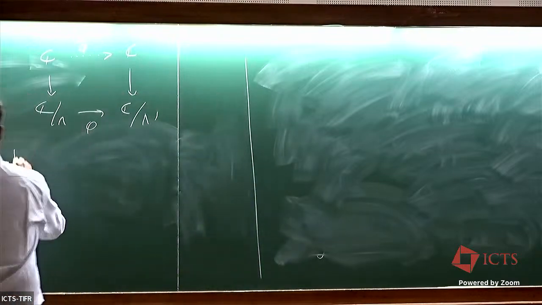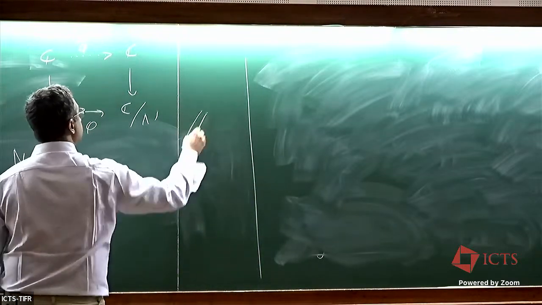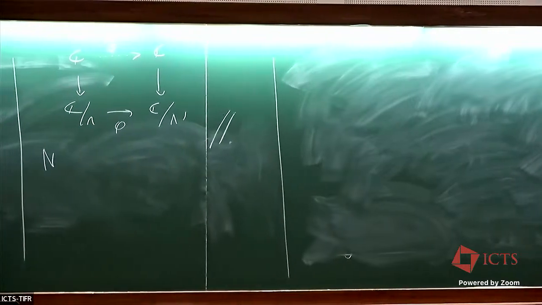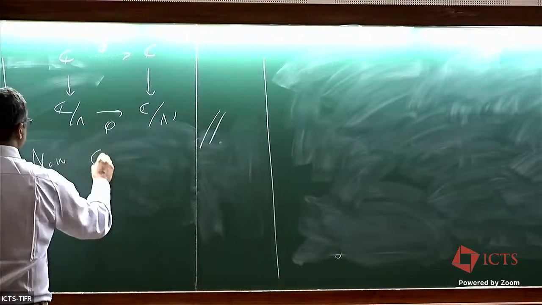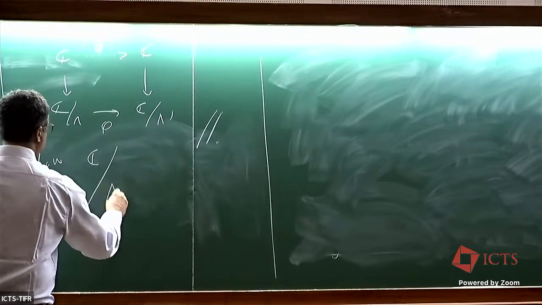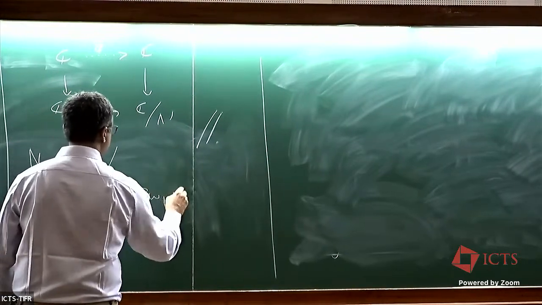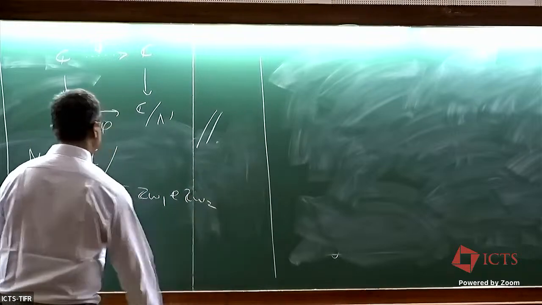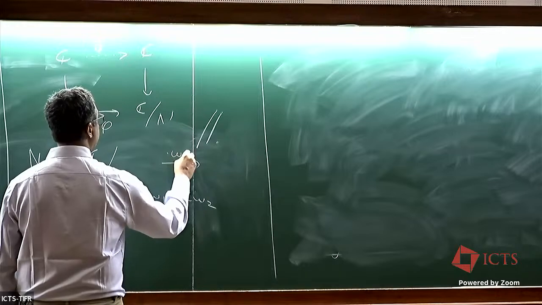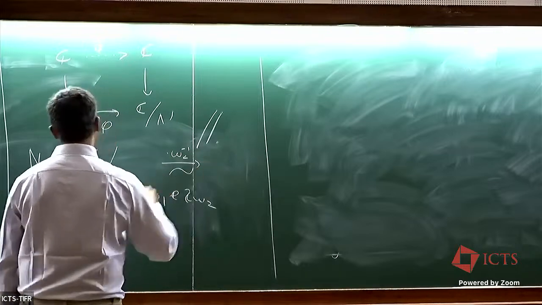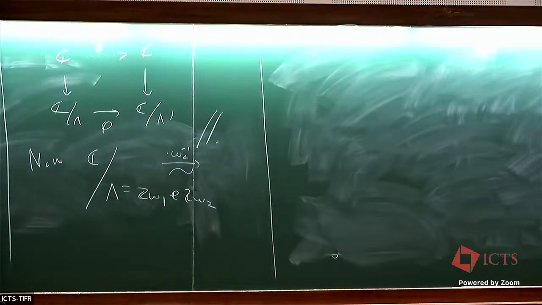I'm not giving the details of this proof. Now, using this fact, you can multiply by omega 2 inverse, and there's an analog of this fact when you put isomorphism everywhere. I just said homomorphism. If you have an isomorphism, this becomes an equality.